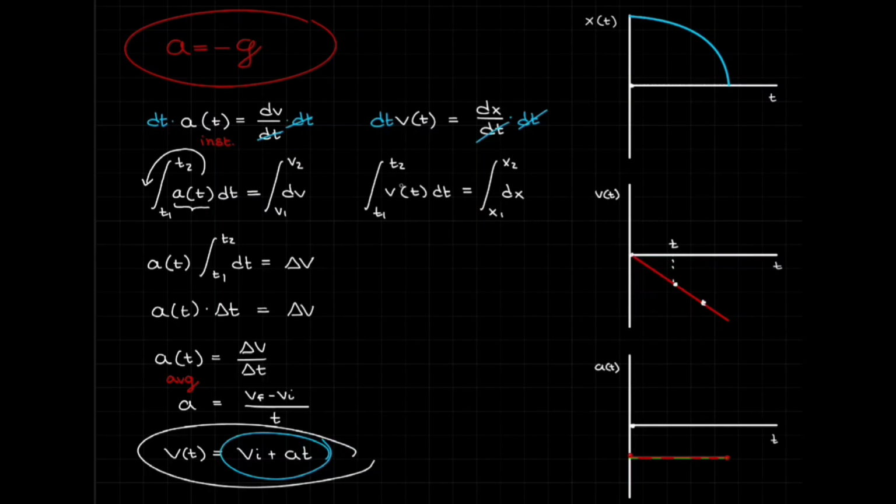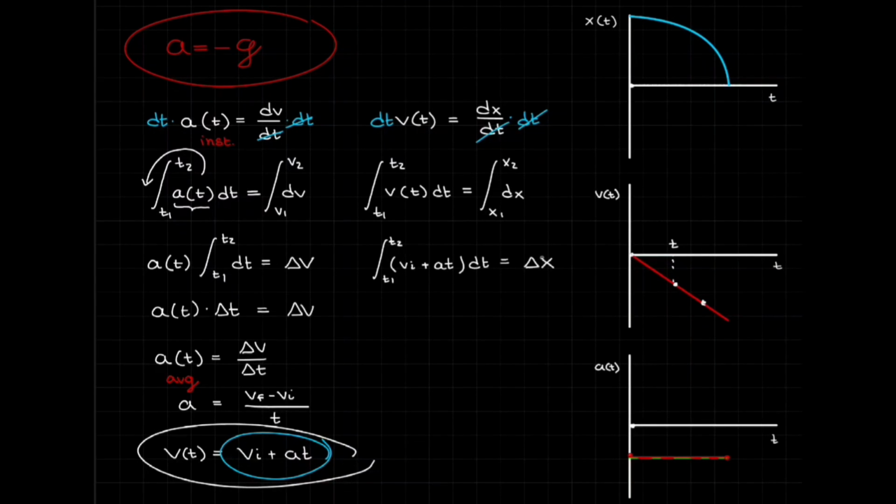So let's do that. So v of t is equal to initial velocity plus acceleration times time. So it's going to be the integral from t1 to t2 of initial velocity plus acceleration times time dt is equal to, what's this? This is the integral of the position or displacement differential, and that's just the entire difference, so delta x.